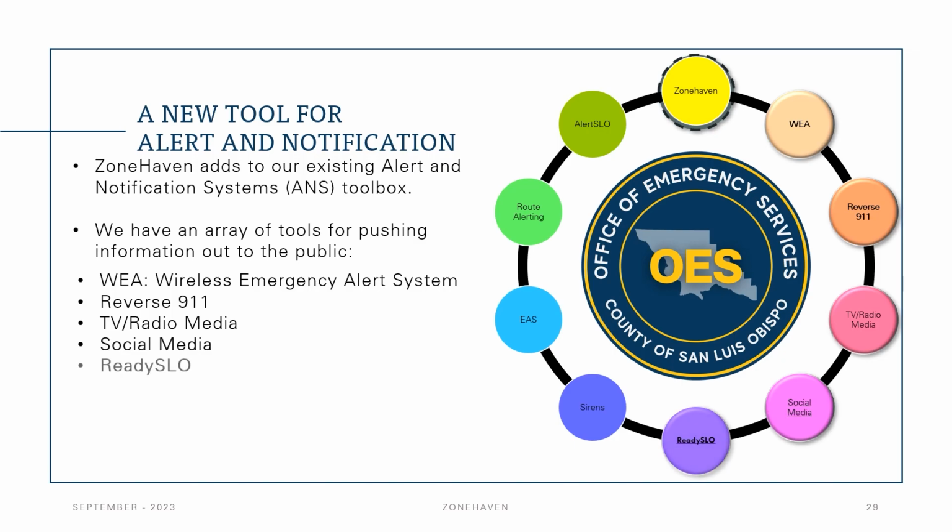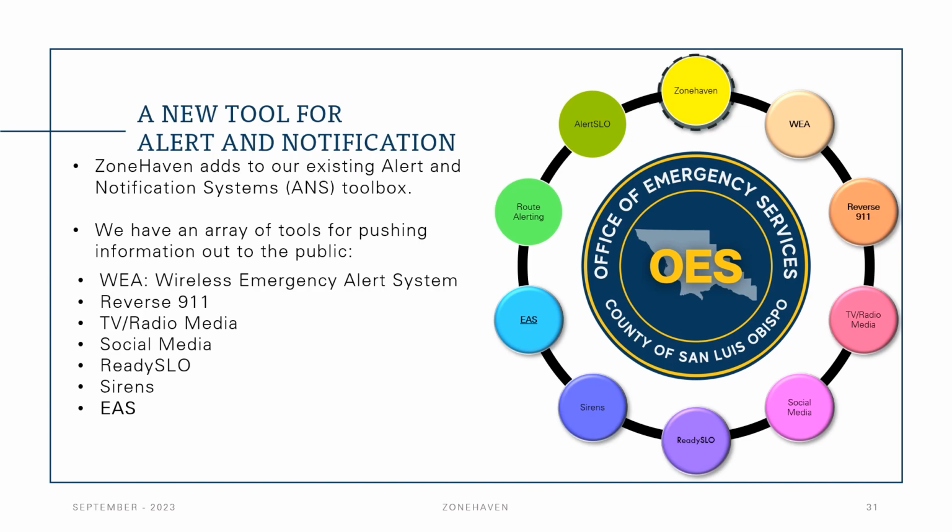We have Ready Slow, which is the anchor point for our communication to the public to pass along pertinent information. We also have our siren system that's primarily used for a nuclear power plant program, but we can also utilize for tsunamis and other types of emergencies. We have our emergency alert system that's utilized on TV and radio stations.